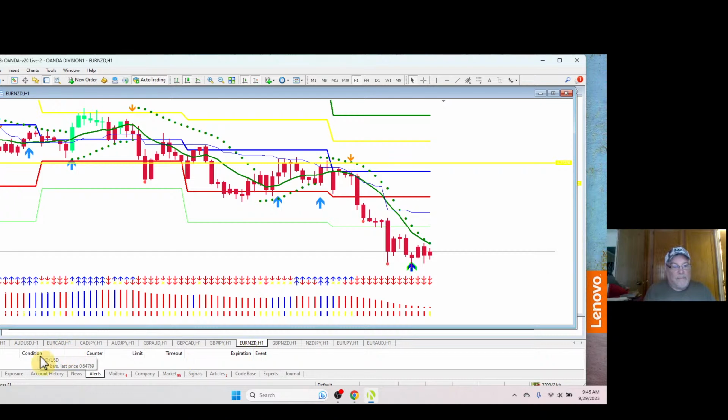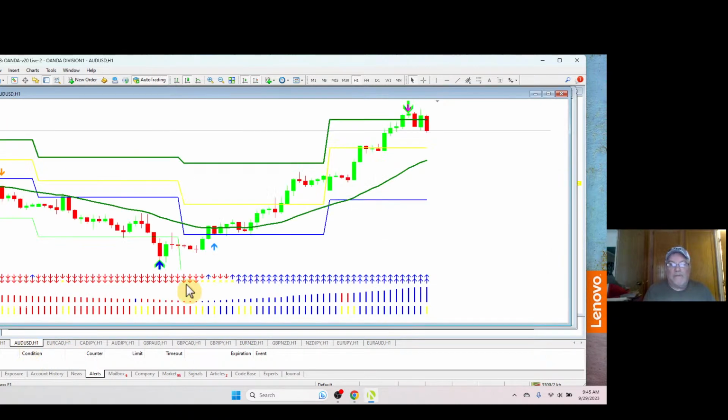Now I think I might be able to move the stop to break even on the Aussie dollar now. The high of that candle. Is this the one where I can move it for 50 cents? Yes. Yay. Okay.